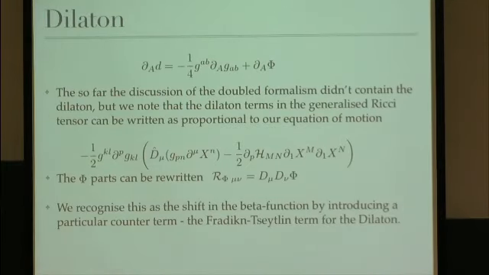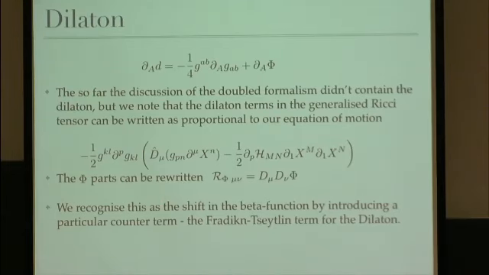Okay, so we haven't talked about the dilaton too much so far, but we note that if we look at the generalized Ricci tensor, we can rewrite the terms involving the dilaton in two parts, so that if we substitute this in, there's the parts involving GDG and there's the parts involving psi here. The GDG parts can be written like this, and in the brackets here we just have the equation of motion of the double formalism.